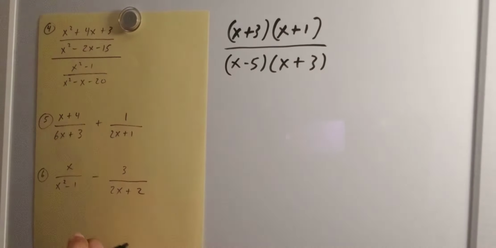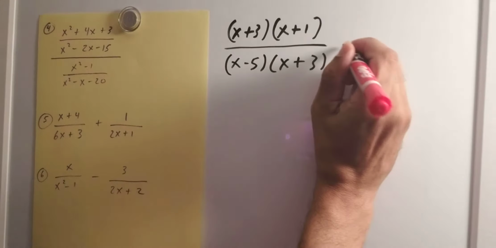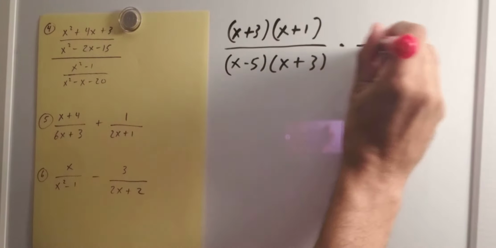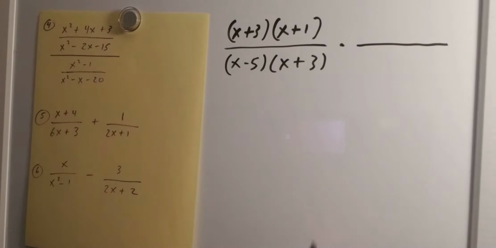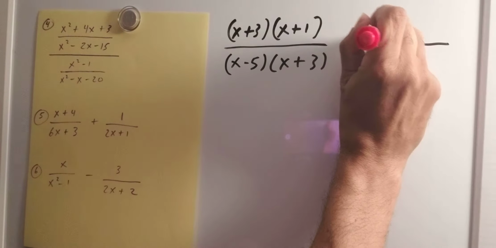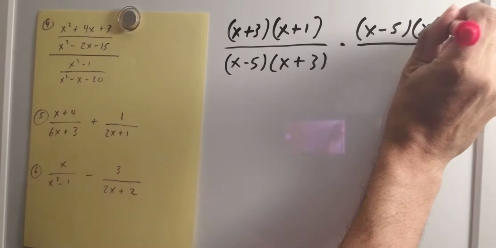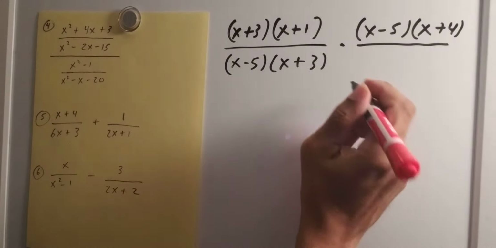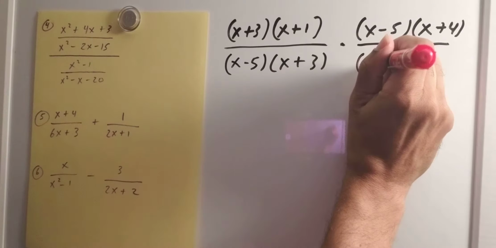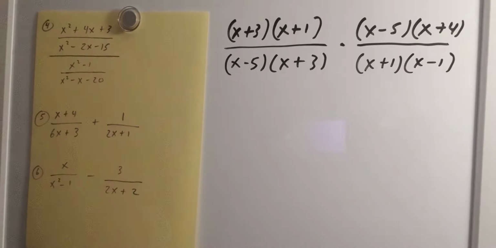And it's divided by this part here. Let's convert that to multiply and take the reciprocal, bringing x squared minus x minus 20 to the top and factoring that into x minus 5 times x plus 4. And the expression x squared minus 1 is the difference of squares, x plus 1 times x minus 1.